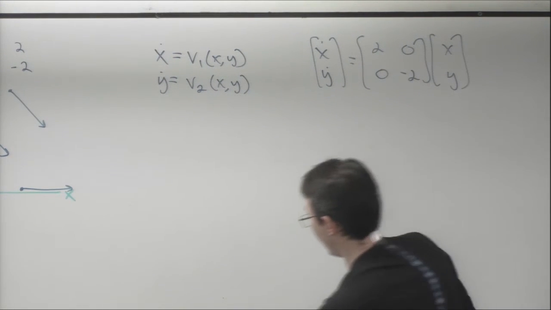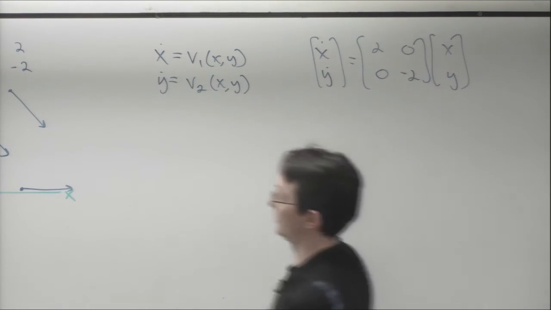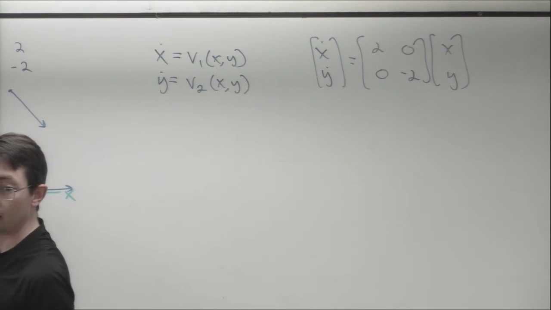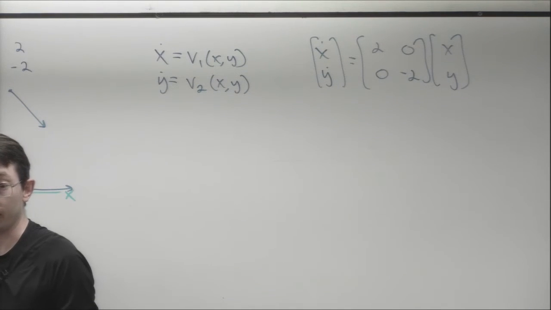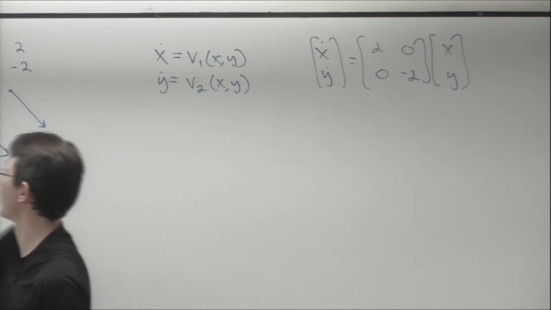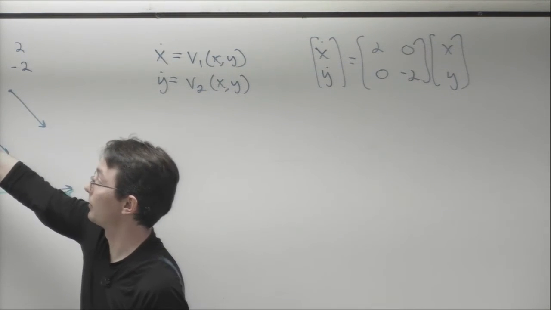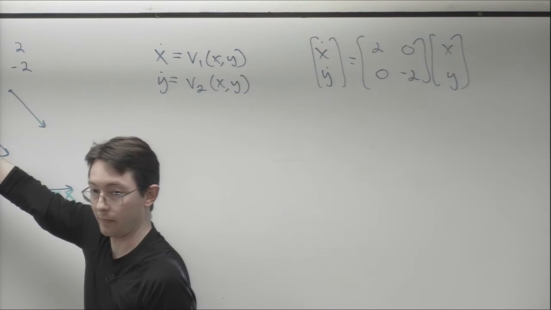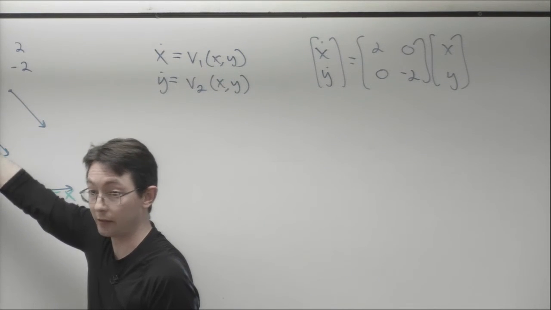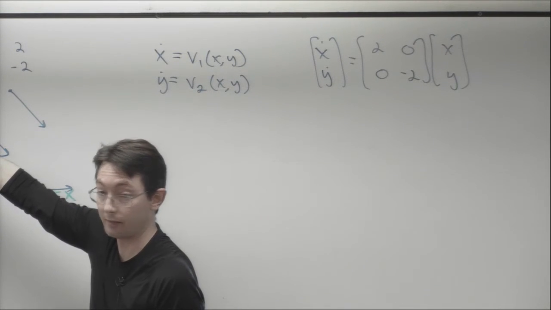Okay? So what we have here is a vector field given by some potential function. We wrote the potential function down over there. And in this vector field, the potential phi is the solution to a PDE, Laplace's equation.